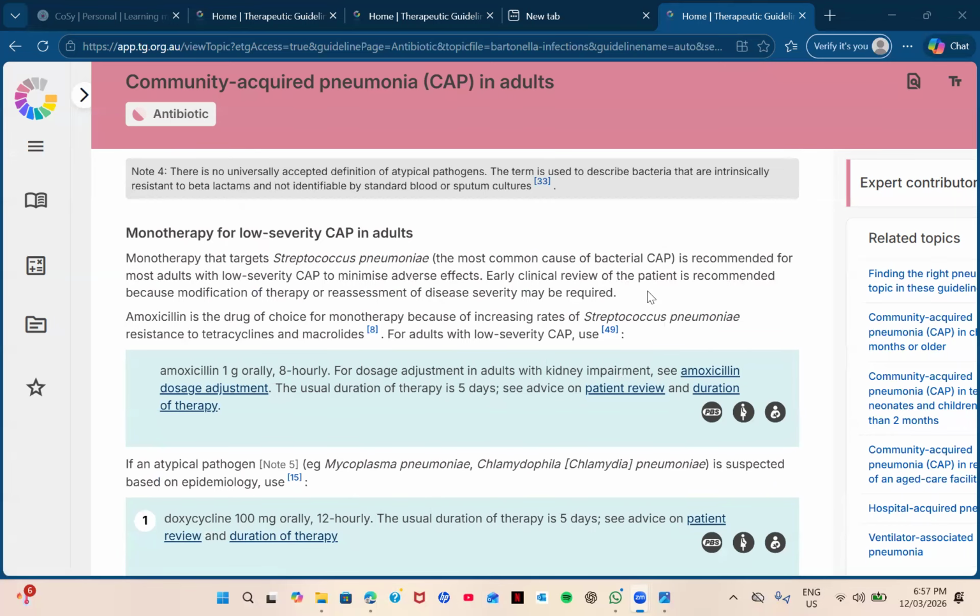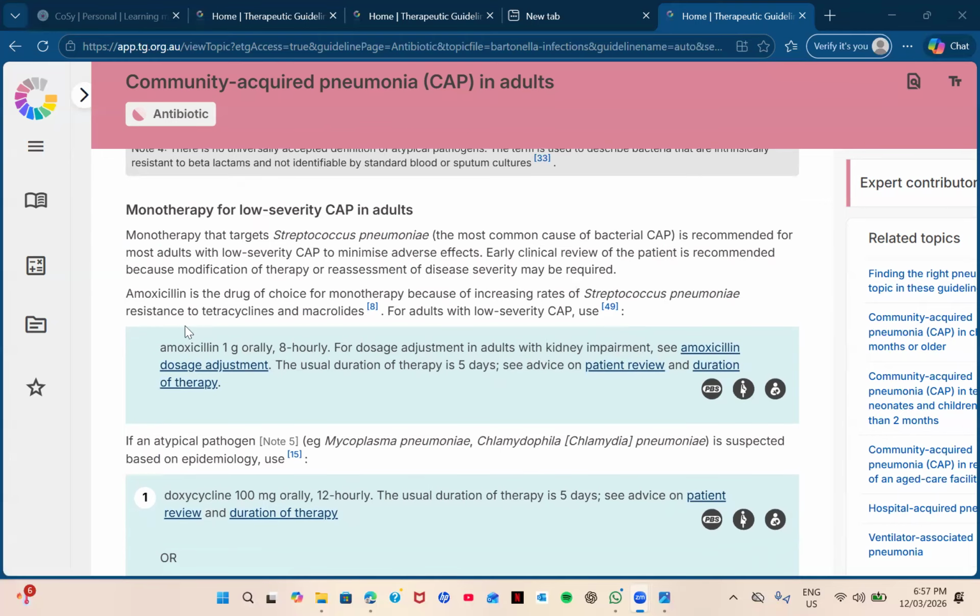Early clinical review of the patient is recommended because modification of therapy or reassessment of disease severity may be required. Amoxicillin is the drug of choice for monotherapy because of increasing rates of Streptococcus pneumoniae resistance to tetracycline and macrolides.